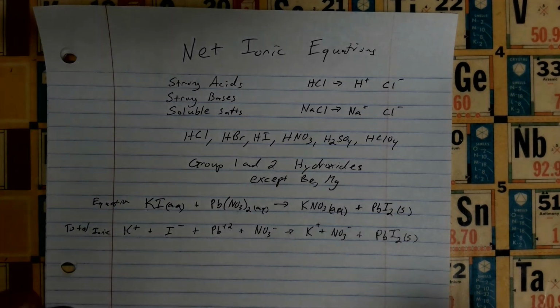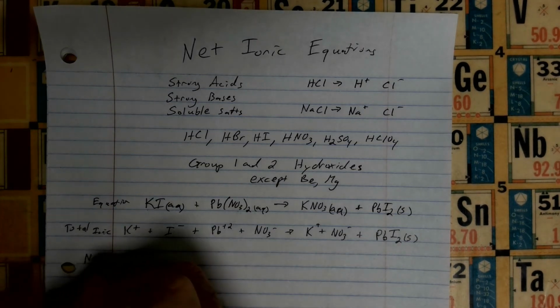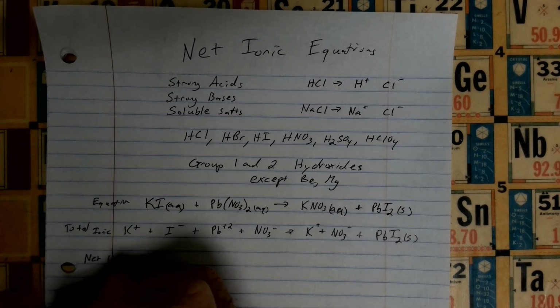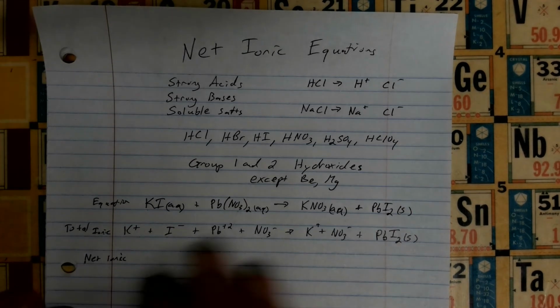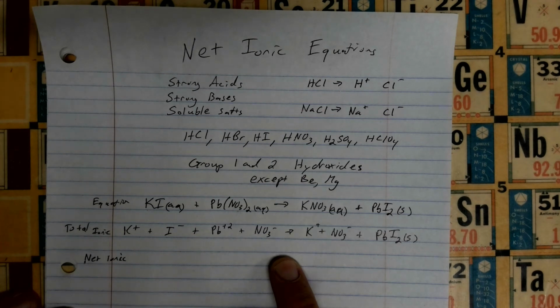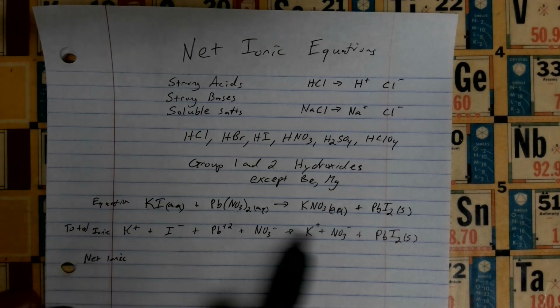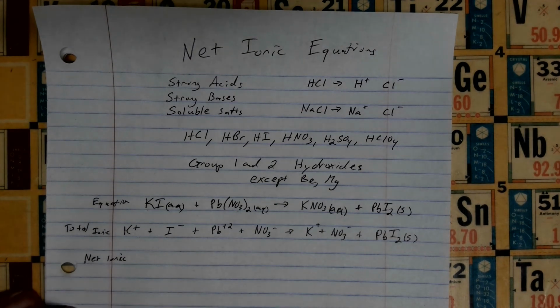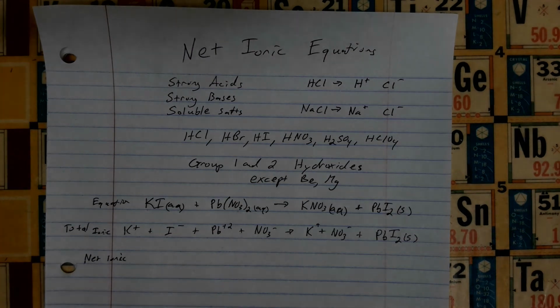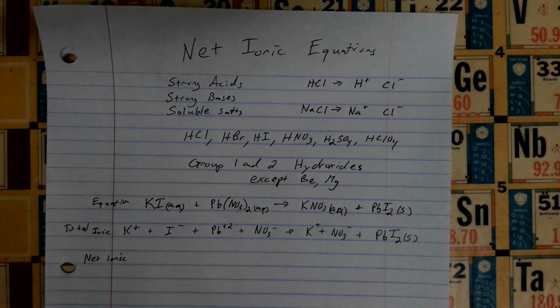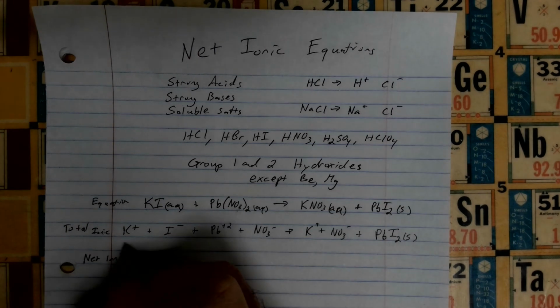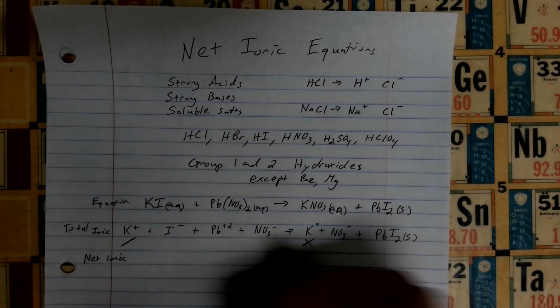Then when we get to the net ionic, what we do is we cross off what occurs on both sides of the arrow. Because the things that occur on both sides of the arrow were simply spectators, and so we can get rid of them. There's K pluses, so I'm going to get rid of those.